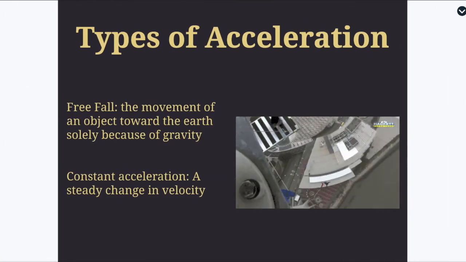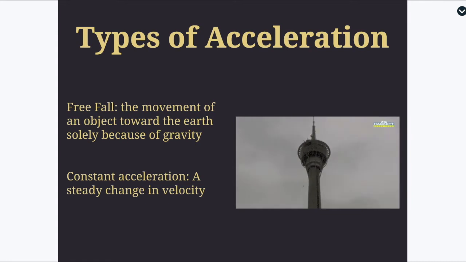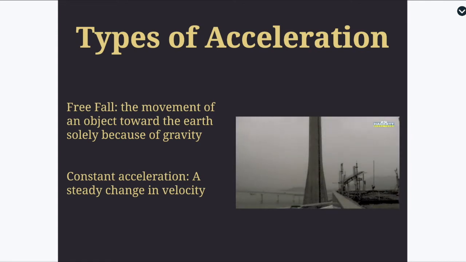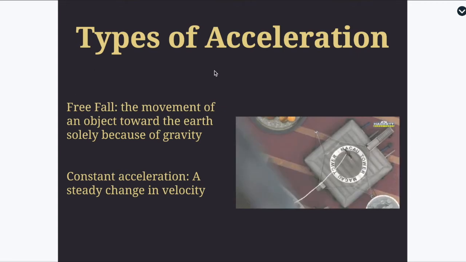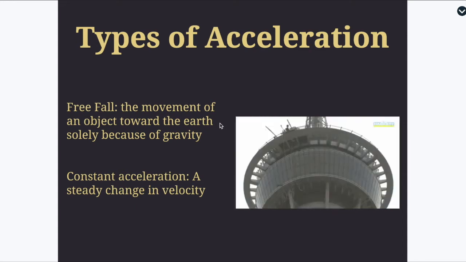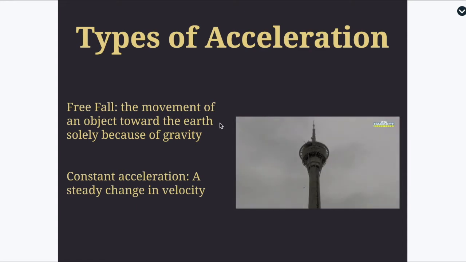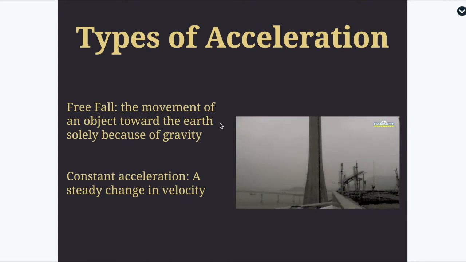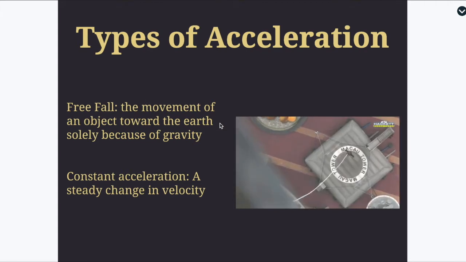Let's talk about a couple of types of acceleration that we want to be familiar with. The first type is called free fall. This is the movement of an object toward the Earth solely because of gravity. You can think about this as simply as dropping a tennis ball, and the fact that the tennis ball goes towards the ground, that is free fall.